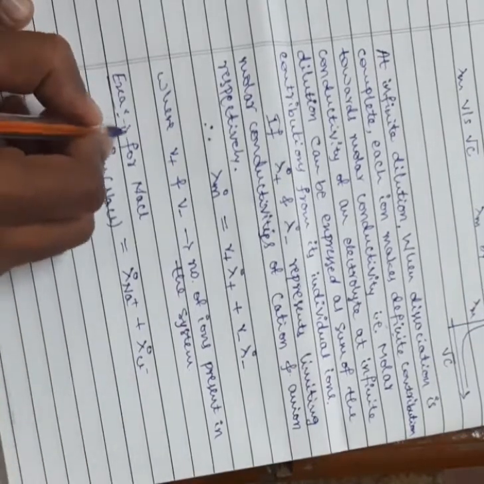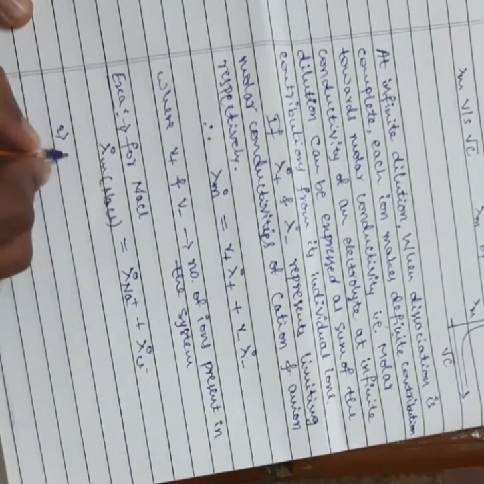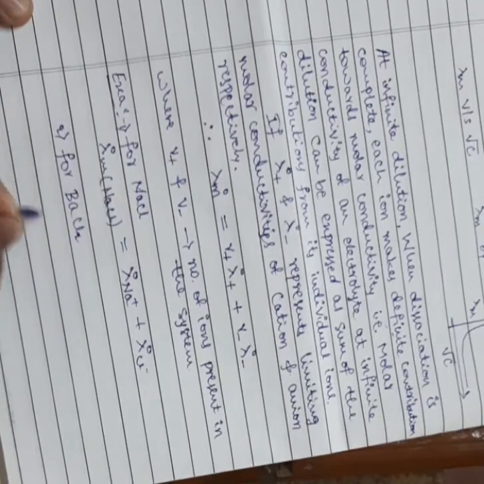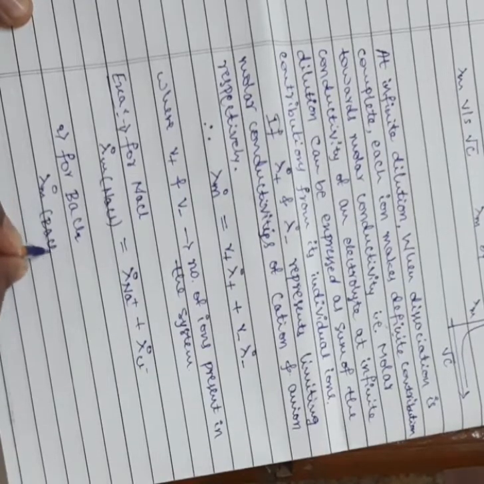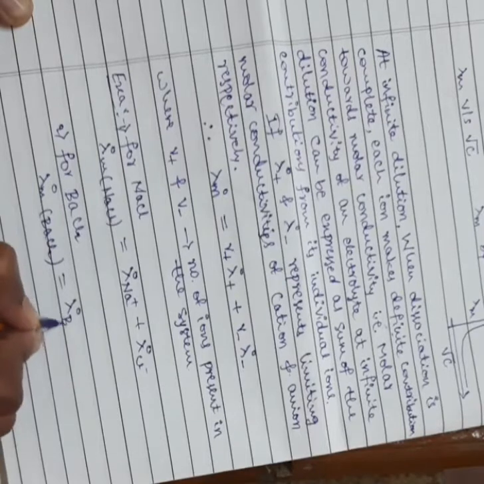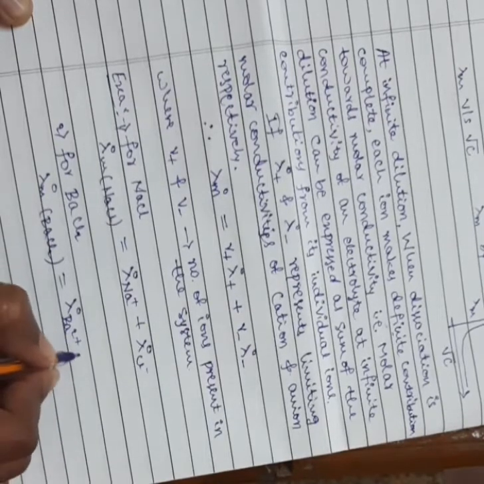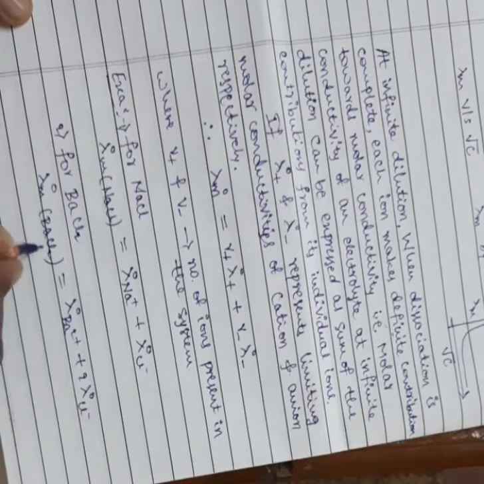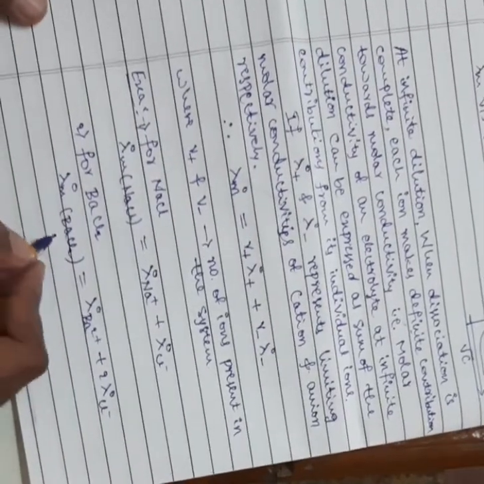This is the first example. The second example, barium chloride: lambda m naught for barium chloride is lambda naught of Ba2 plus plus 2 times lambda naught of Cl minus, because there are two Cl minus ions present in the system.